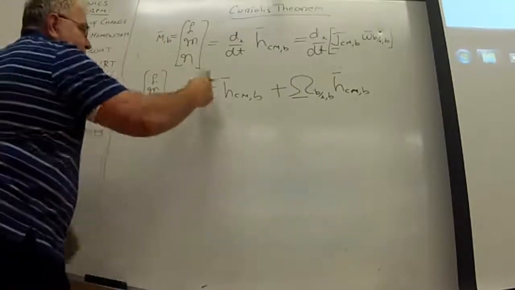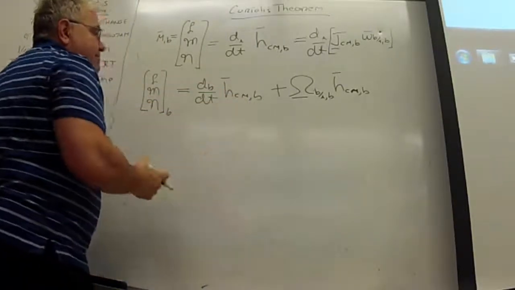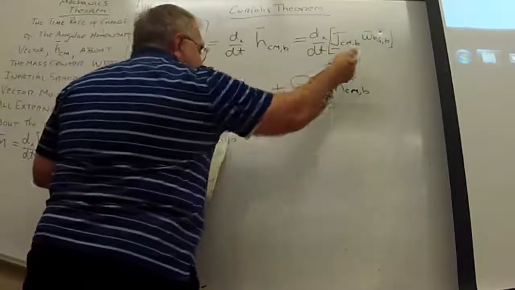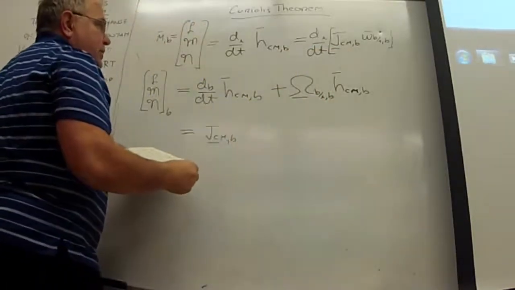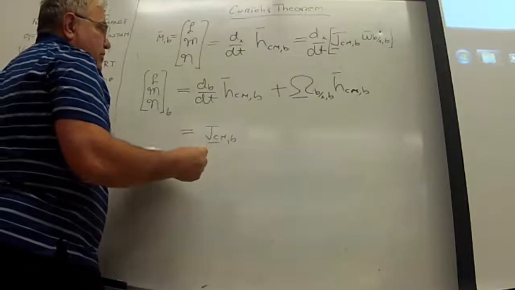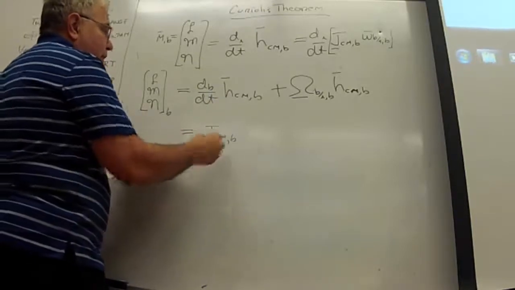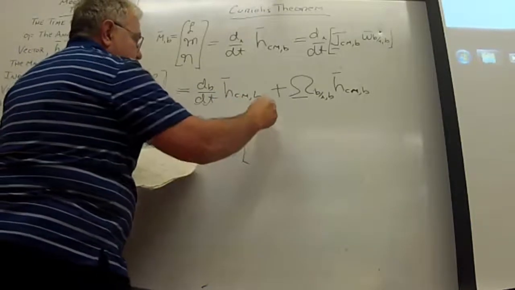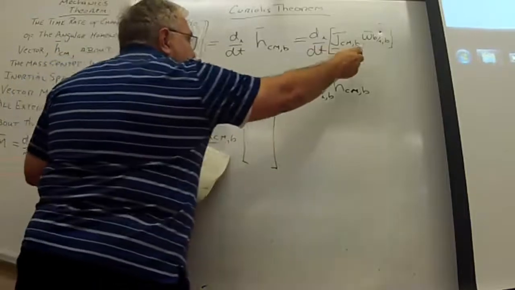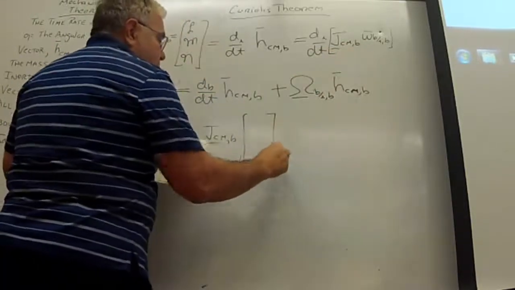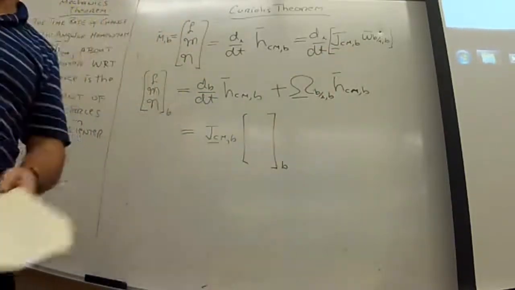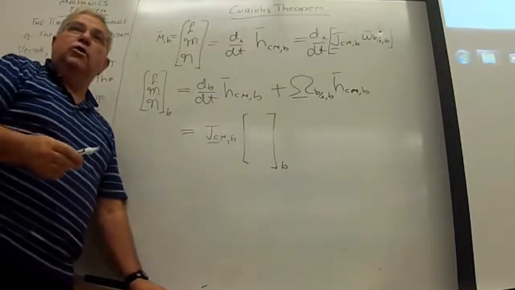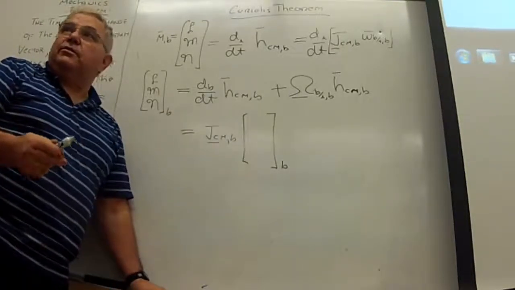So what is dB dt of HCMB, times the derivative of this? There's no way to change the moment of inertia matrix, or it's negligible usually. It would only occur with fuel burning. So what would the derivative be of P, Q, and R in body coordinates? Again, I'm going slow because I would expect you to know this answer.